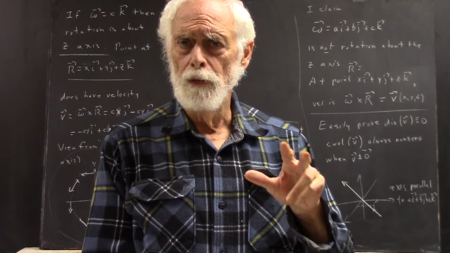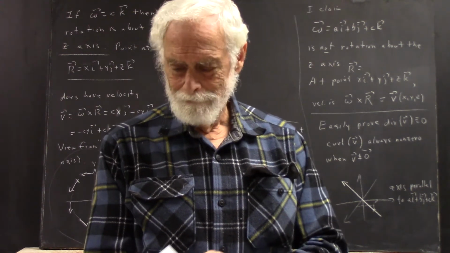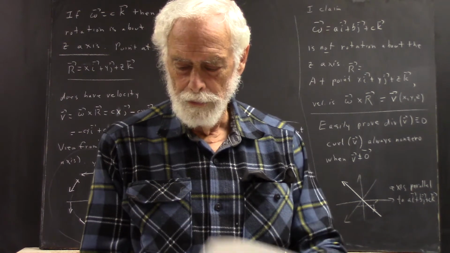What happens if those 2 vectors aren't perpendicular? How would you do a directional derivative?